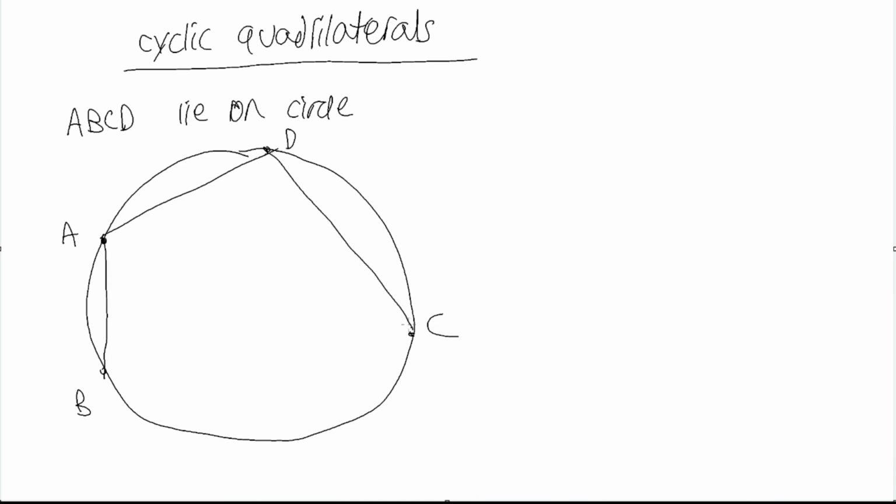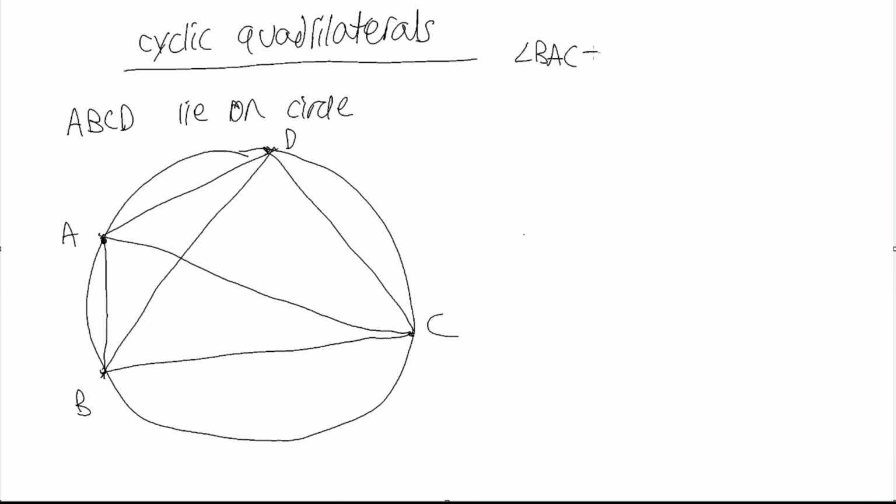So we want to figure out what is so special about these cyclic quadrilaterals. Well, as it turns out, they all satisfy several nice angle conditions. The first one is that angle BAC is equal to angle BDC, and angle ADB is equal to angle ACB. And we just continue going around the quadrilateral.